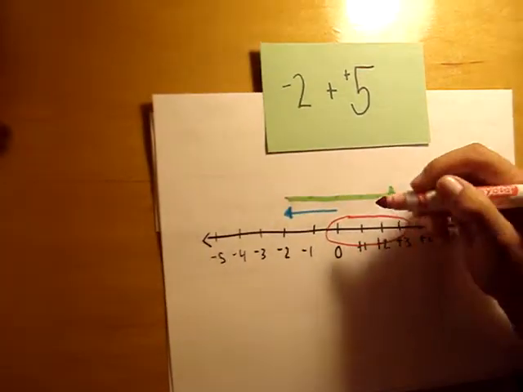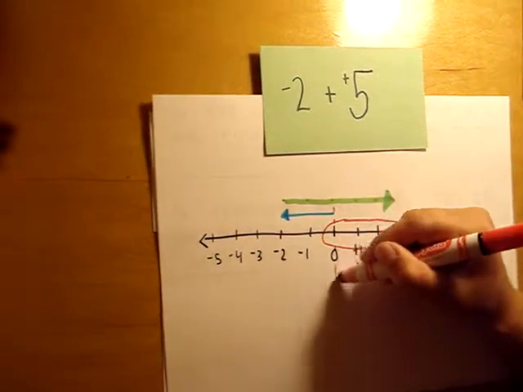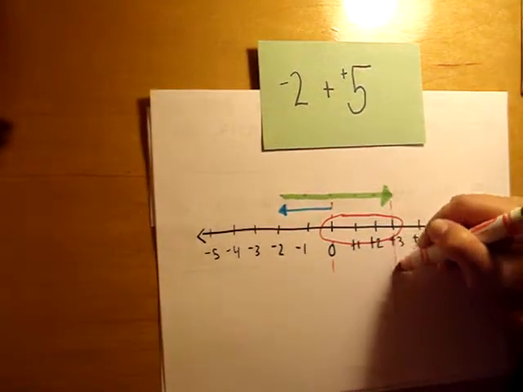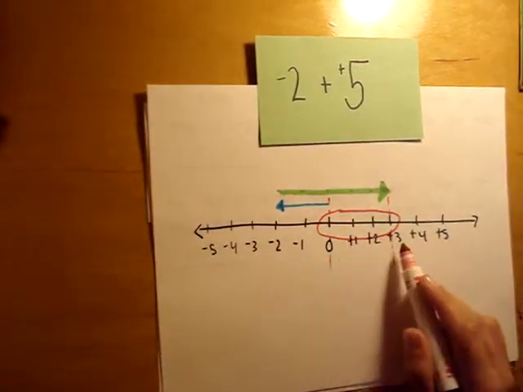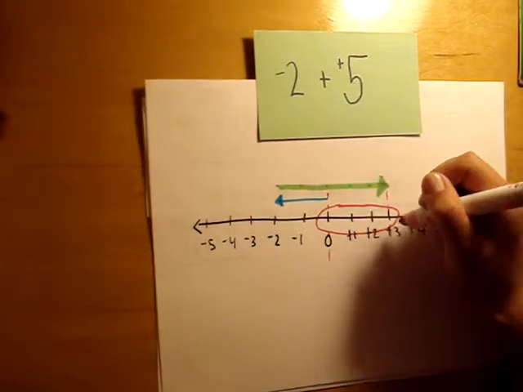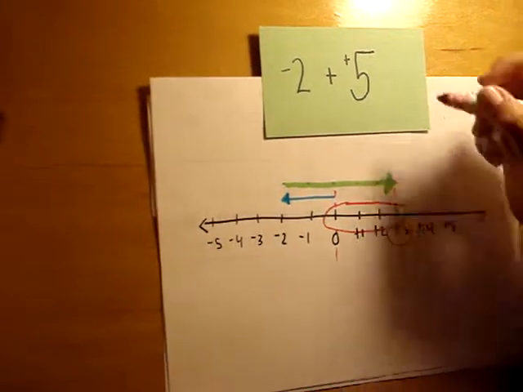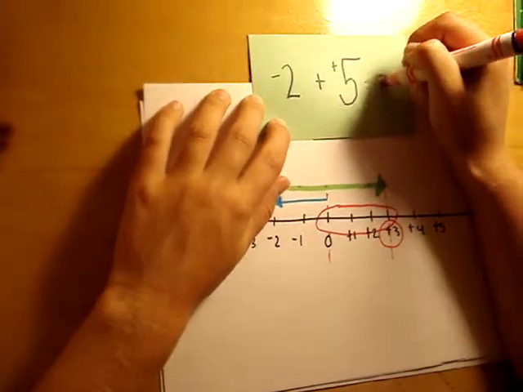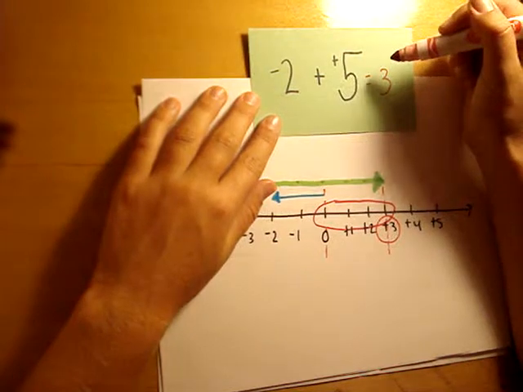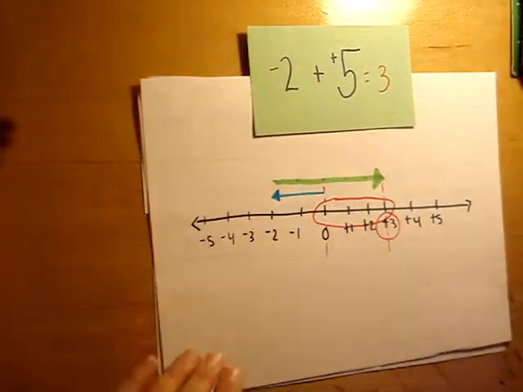So, as you can see, if you draw a dotted line, that's this space. And from 0 to positive 3 is where you're ending. So positive 3 would be your answer. So negative 2 plus positive 5 is positive 3.